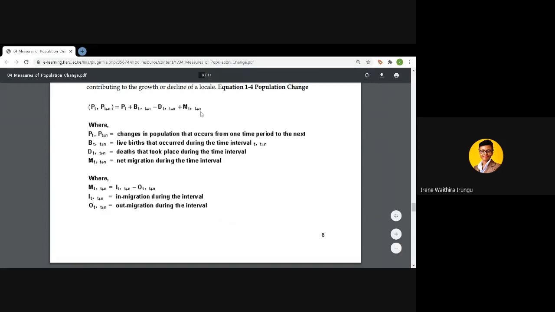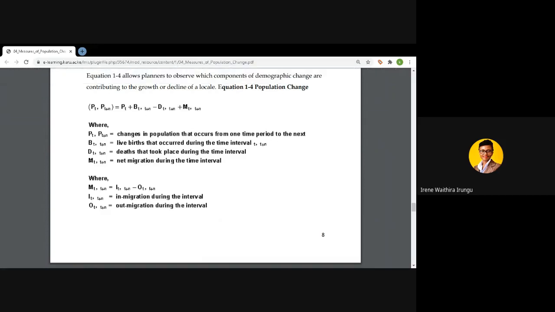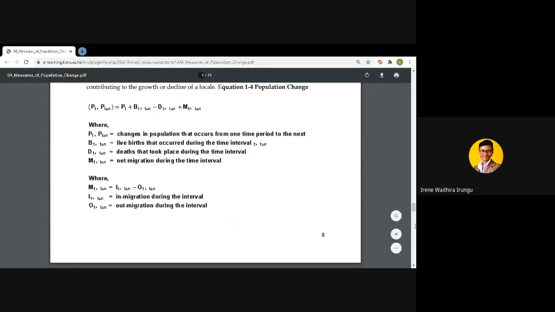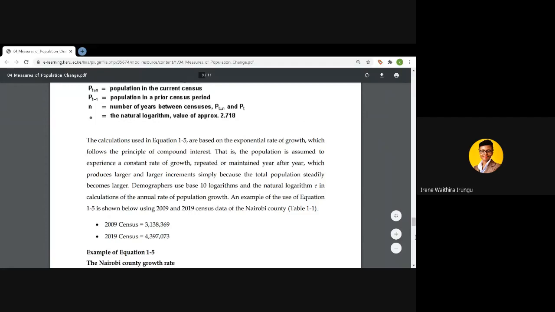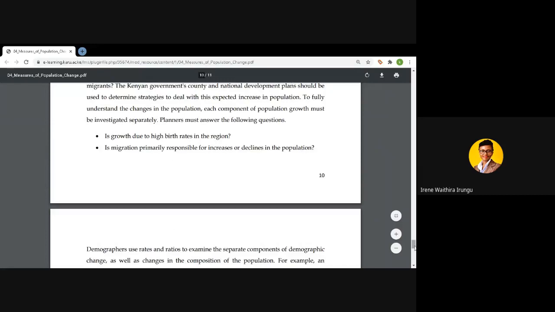Or is it that there was more in-migration? So in our next lecture, we'll be focusing on vital ratios, where we'll measure ratios with regards to birth rates, death rates, as well as migration rates. So that shall form our next lecture. We'll still be building up on these measures of population change, but now focusing on particular vital ratios.